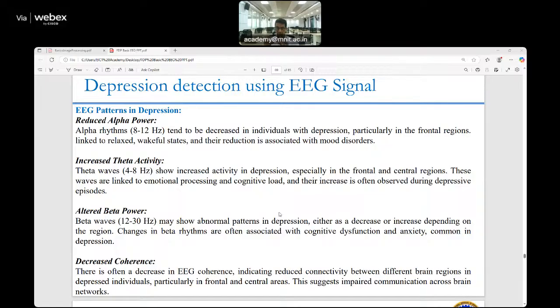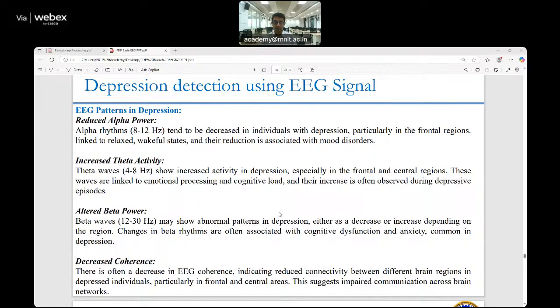Another is the wakefulness state, where if somebody shouts or you hear some noise, you wake up. Alpha rhythms tend to be decreased in individuals with depression, particularly in the frontal region, which is linked to a relaxed wakeful state, and their reduction is associated with mood disorder.